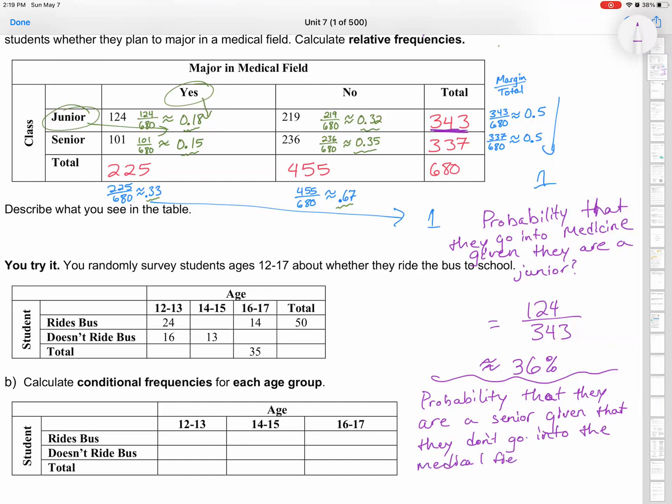So this is my question. What is the probability that they are a senior, given that you know that they don't go into the medical field? Go ahead and give that one a shot.